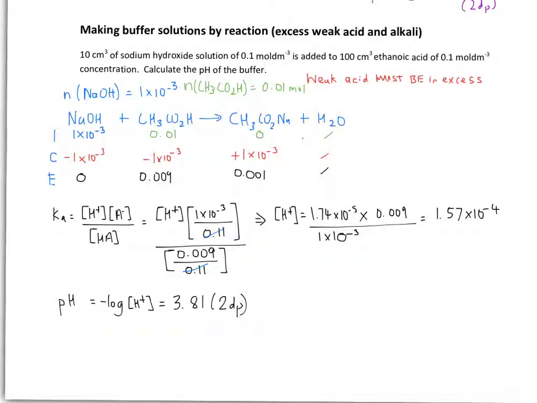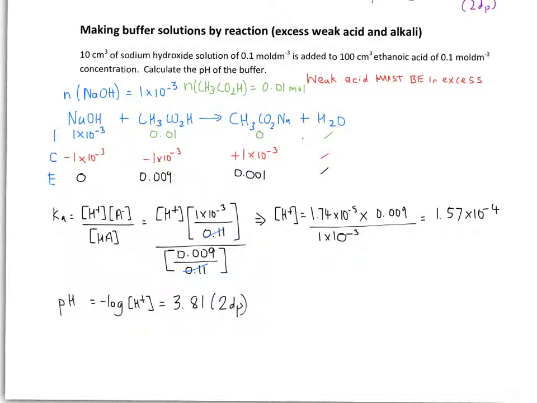The salt, on the other hand, a bit like a seesaw effect, so this side they go down in amounts, and the salt will go up. It goes up by plus 1 times 10 to the minus 3, and so we have the end amount of moles calculated there. Water, we're not fussed about, it doesn't really change very much. It doesn't really affect the pH at all.